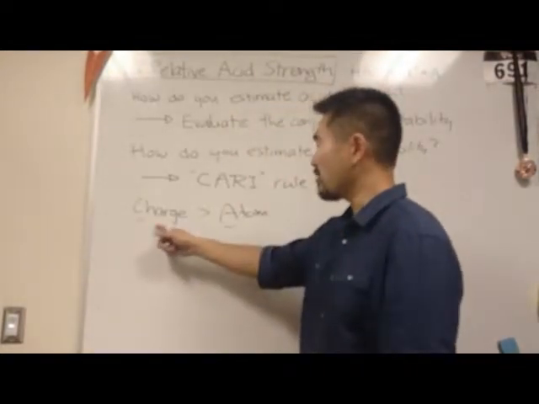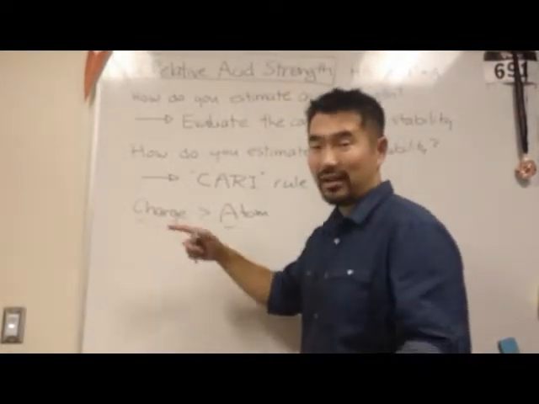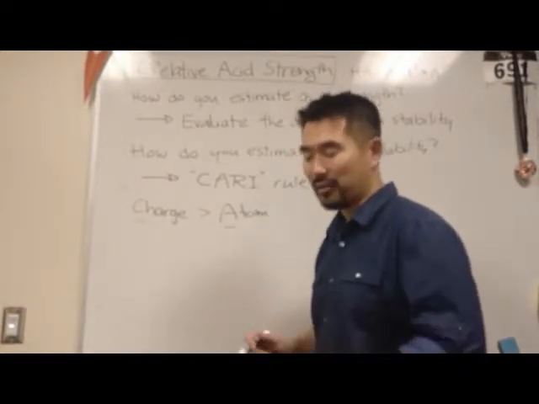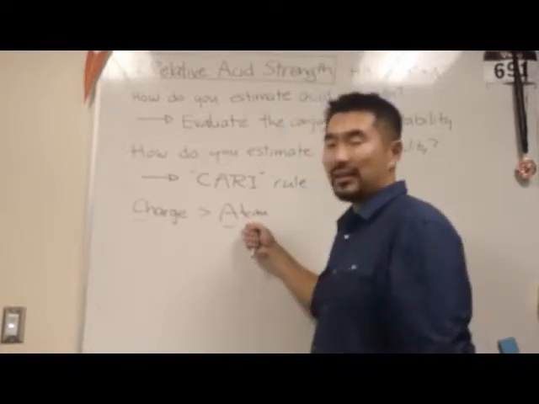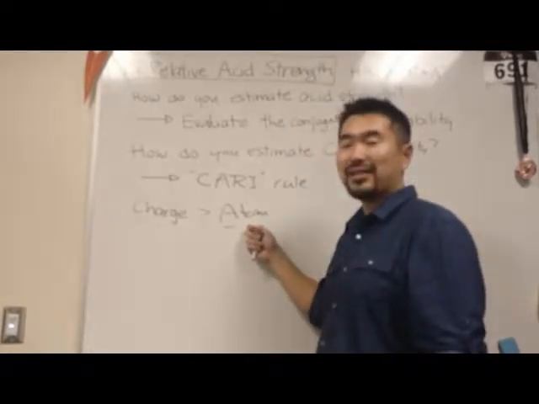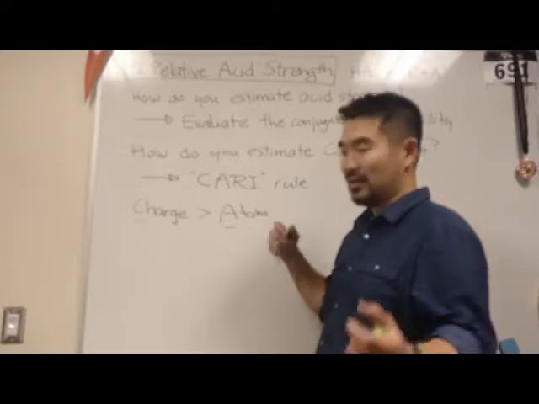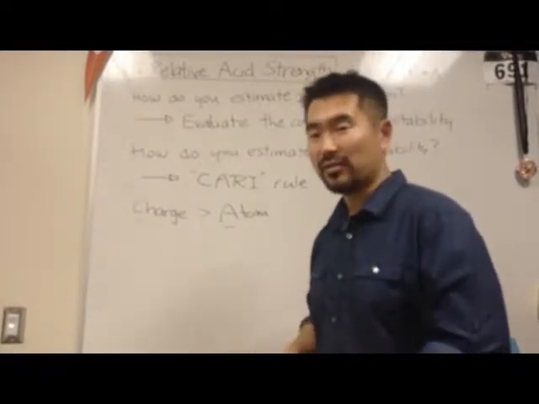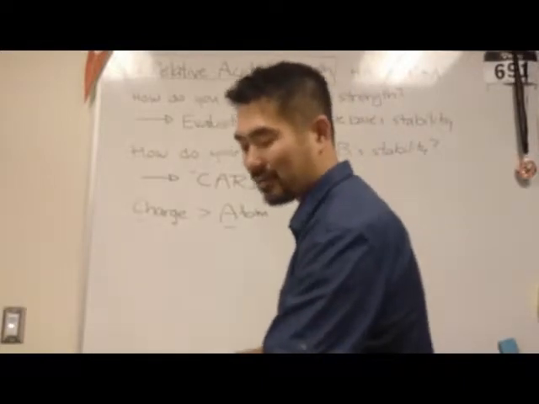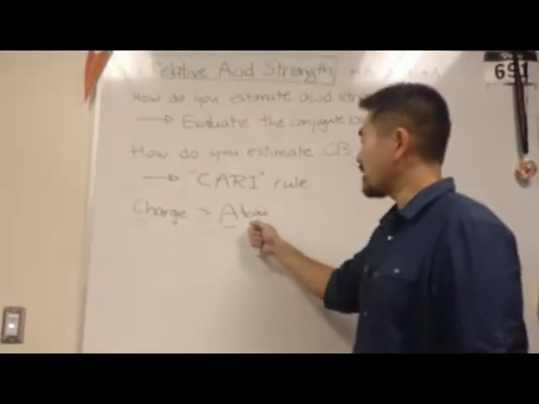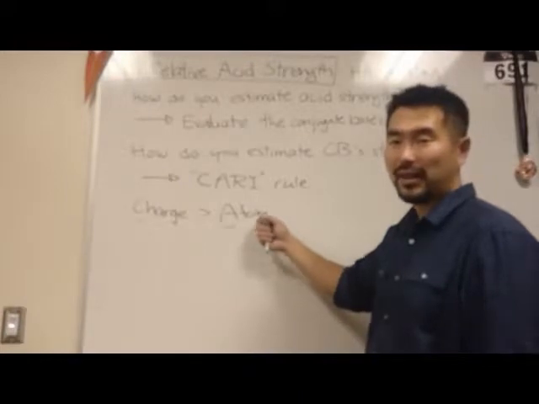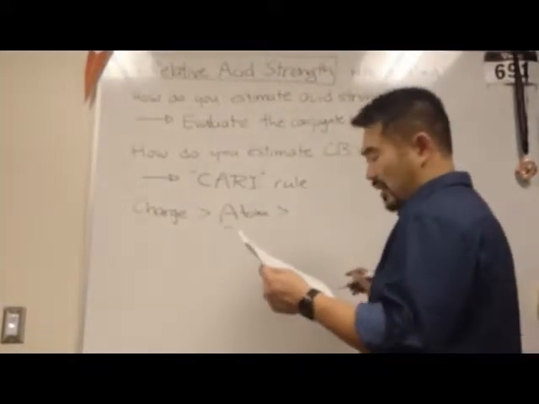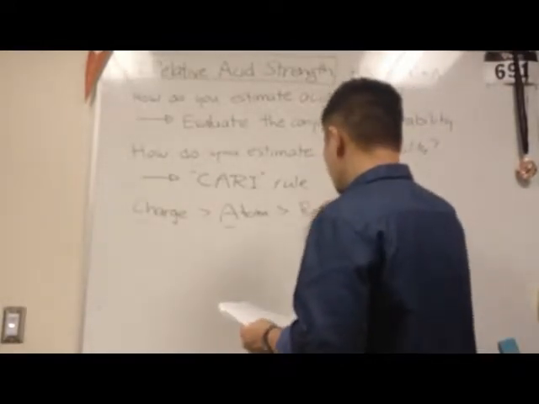Here we're talking about whether your acid has a charge or not. If it has a charge, especially positive charge, there's a good chance it's a pretty good acid. If the atom that your proton is attached to is an electronegative atom, there's a good chance it's a pretty strong acid, because the conjugate base, which would be negative, would be fairly stabilized by its electronegativity. And this is more important of a factor than resonance.